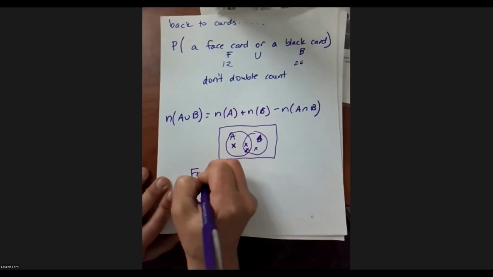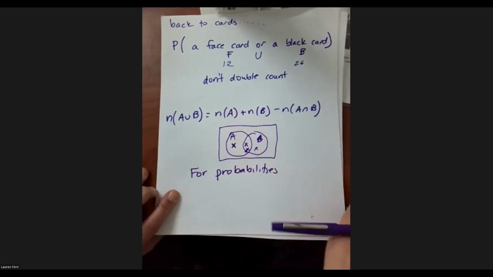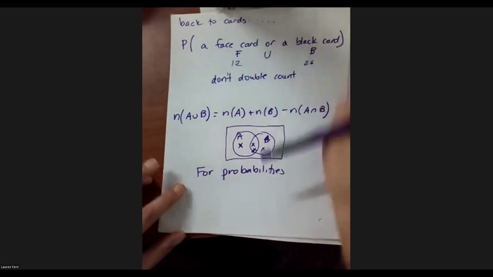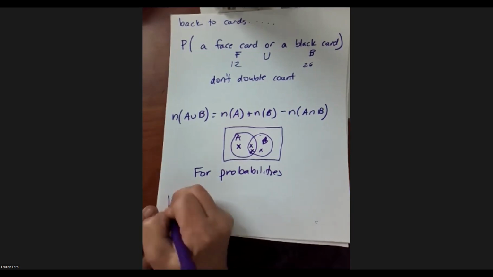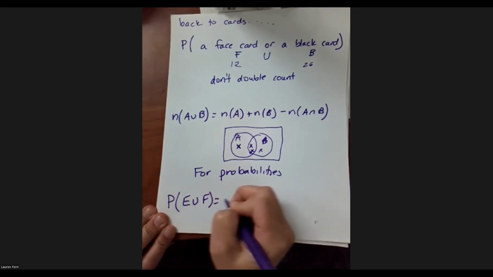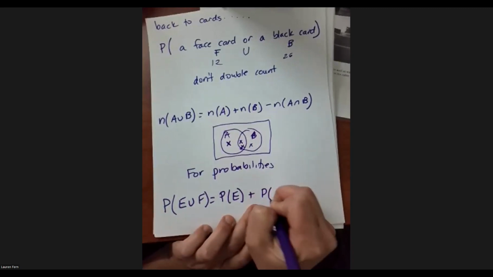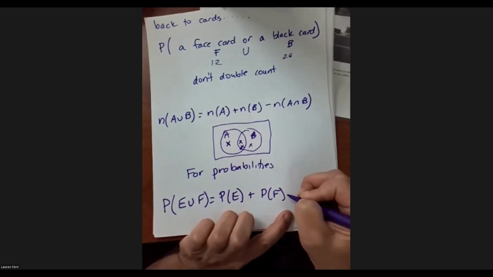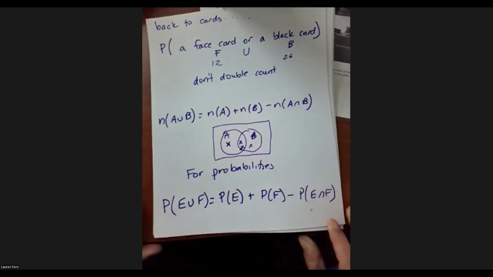So for probabilities, we have a similar formula. Again, you don't have to memorize formulas because you get a sheet of paper with notes on your test, but you do need to know when and how to use them. We say that the probability of the union of two events is the probability of the first event plus the probability of the second event minus the probability of the intersection.